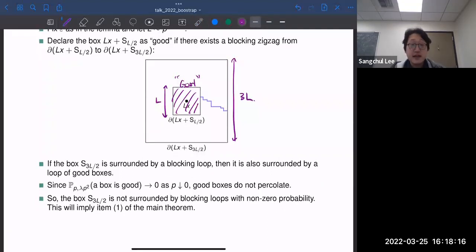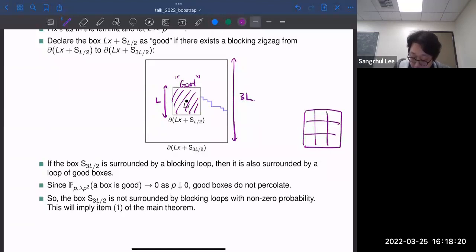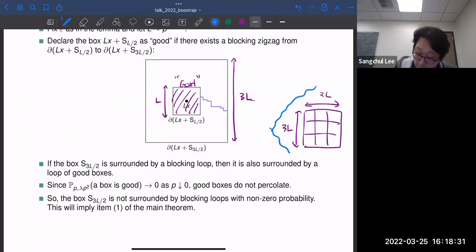Now suppose that I have the square of side length 3L, and it is surrounded by blocking structures, blocking zigzags joining together.